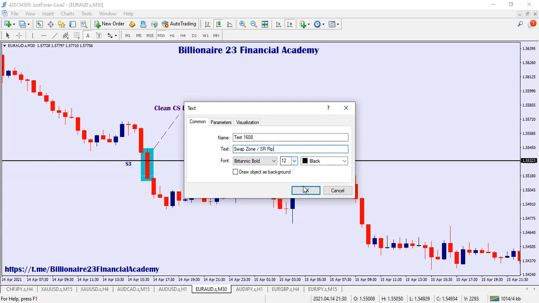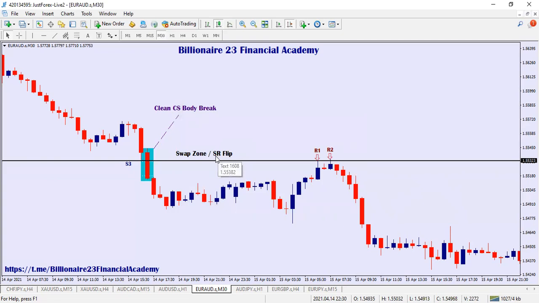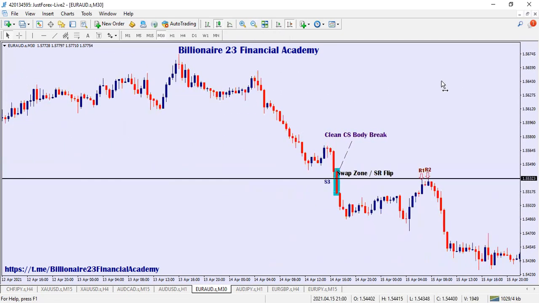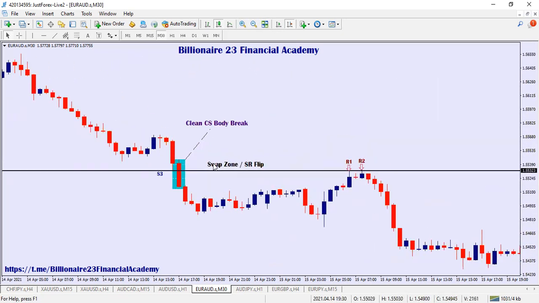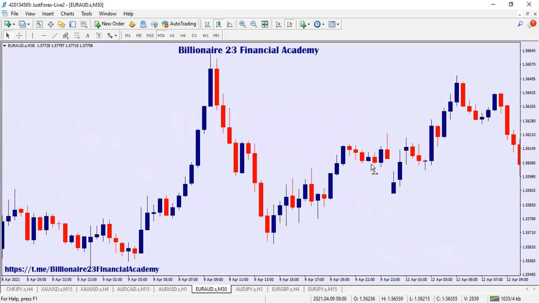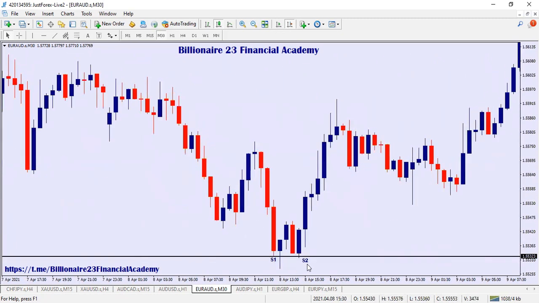Simplified, it would just be SR flip. So that's how you would go about trading swap zones or support resistance flips. We had support touch 1, support touch 2.